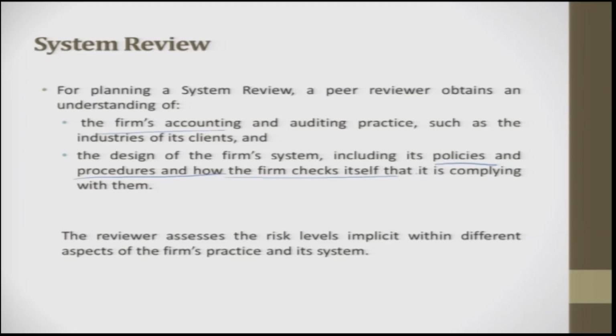So, the system is supposed to make a car. So, the car has to have certain specifications. How good is your manufacturing and how did you meet the specification? The reviewer assesses the risk level implicit within different aspects of the firm's practice and its system.